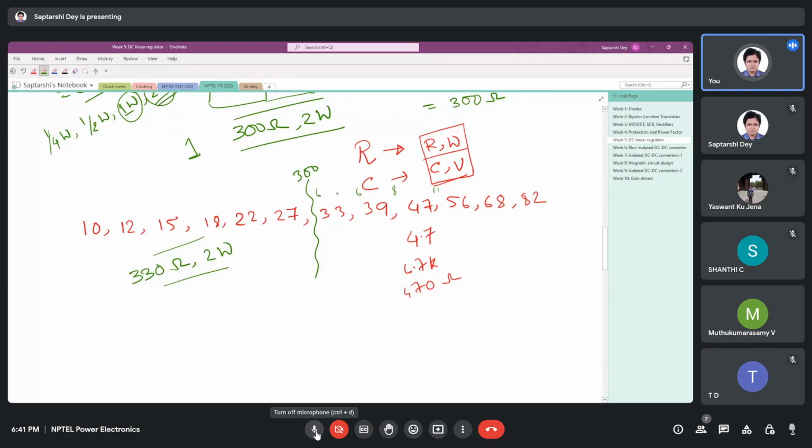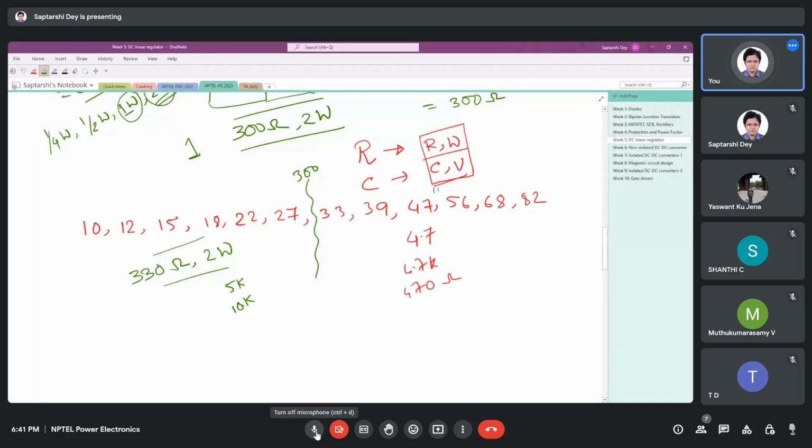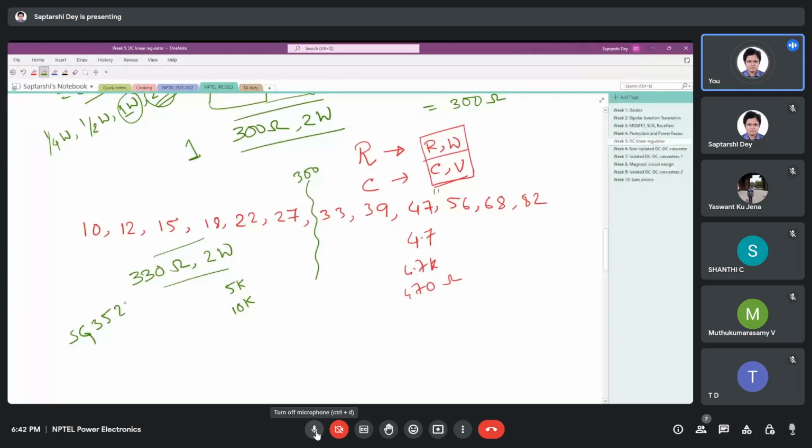If in some cases you need some precise value of resistance, what you have to do is make it by series or parallel combinations of these, or maybe you have to use a pot. There are several pots available, 5k pot, 10k pots, depending on what resistance range you need. There is an IC called SG3524 which is used to generate square waves.